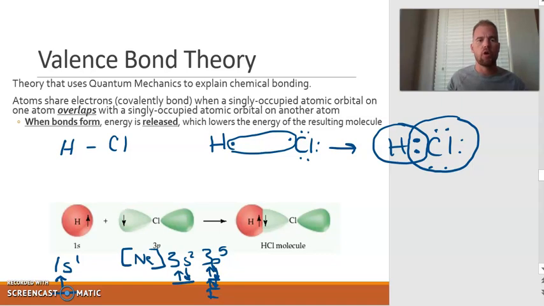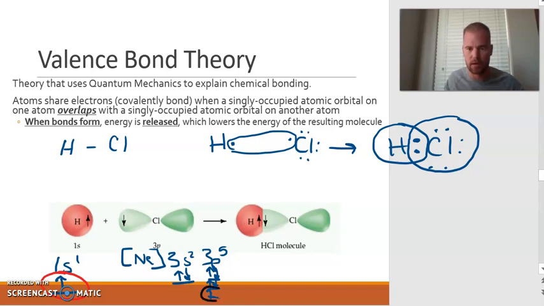According to valence bond theory, in order for these 2 atoms to actually bond together, you need a singly occupied orbital on one of the atoms and a singly occupied orbital on the other atom, and they're going to overlap. If you take a look at hydrogen, here is its singly occupied orbital, right? Its orbital has 1 electron in it. And if you take a look at chlorine, does it have an orbital that's singly occupied?